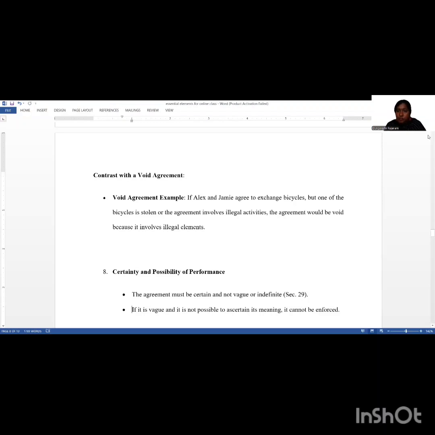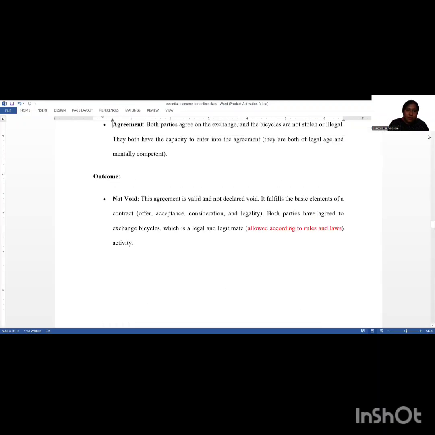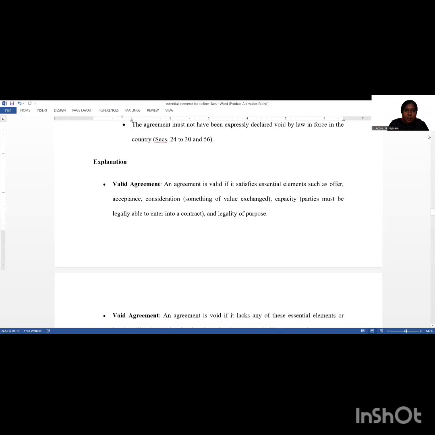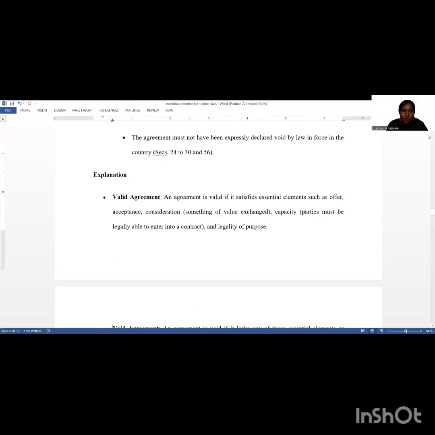But if one of the bicycles is stolen and it involves an illegal activity, automatically that is converted into a void agreement. So this is one of the elements: agreement not declared void.